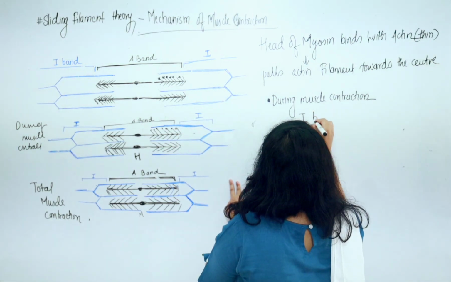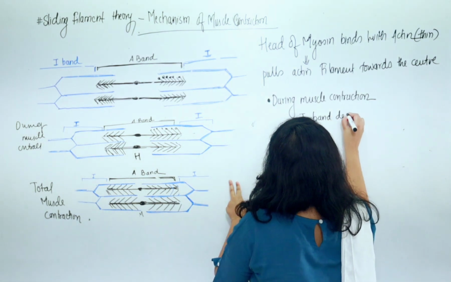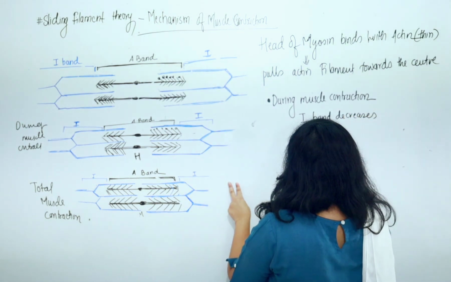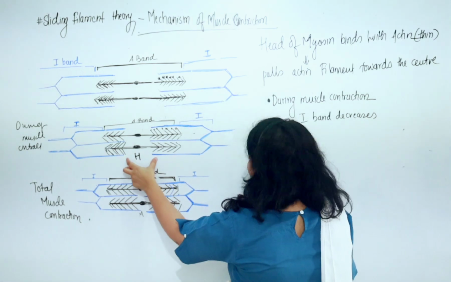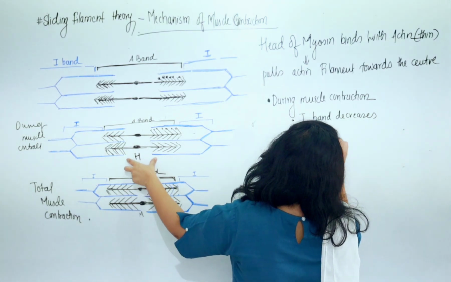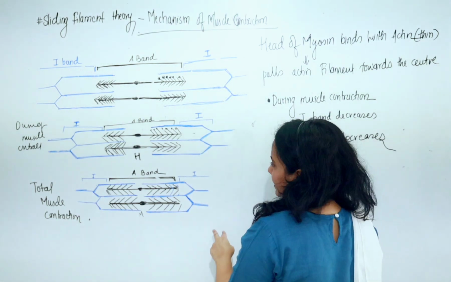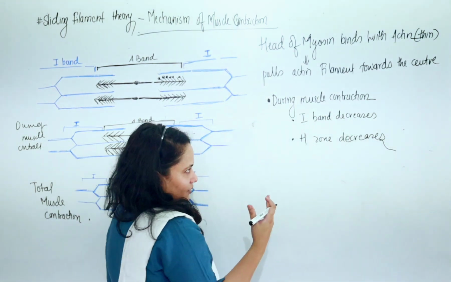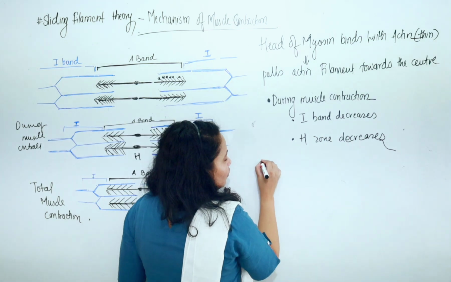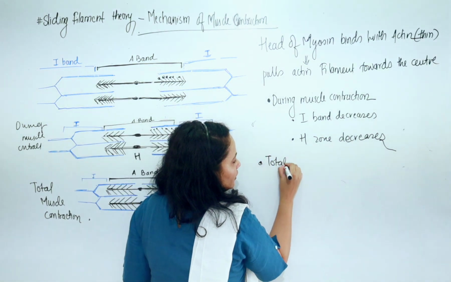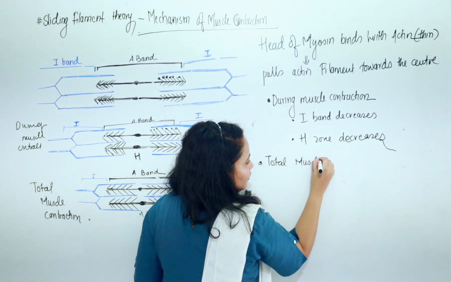So I band decreases. Then H zone also decreases, starts decreasing. And when it is a total muscle contraction, what will happen?